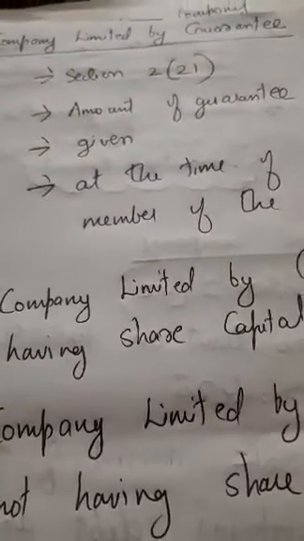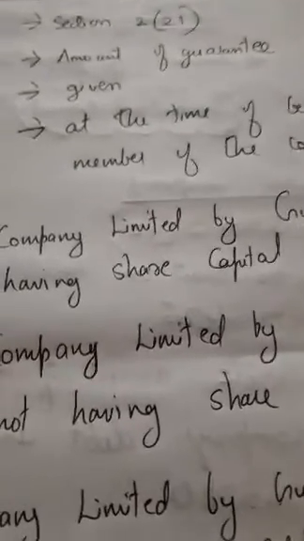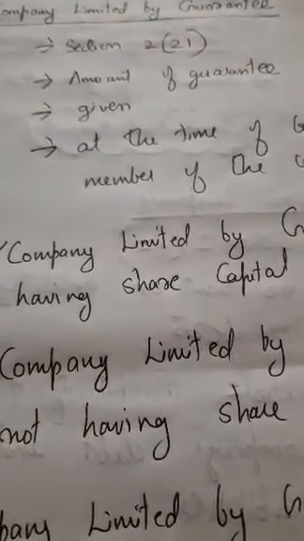Okay, now let's discuss company limited by guarantee. Section 2(21) of the Companies Act 2013 describes a company limited by guarantee.